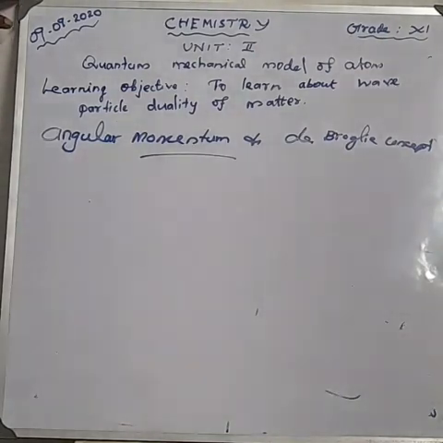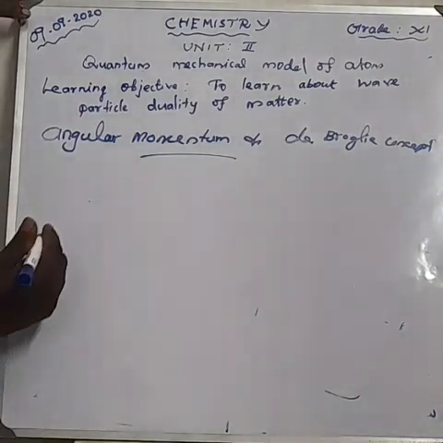Here we are going to learn about the Davisson-Germer experiment, because the electron behaves with both particle and wave character. In order for the electron wave to exist in phase, the circumference of the orbit should be an integral multiple of the wavelength of the electron wave.